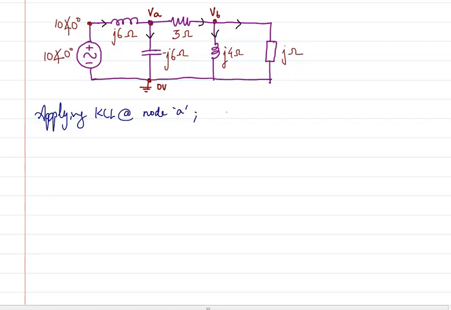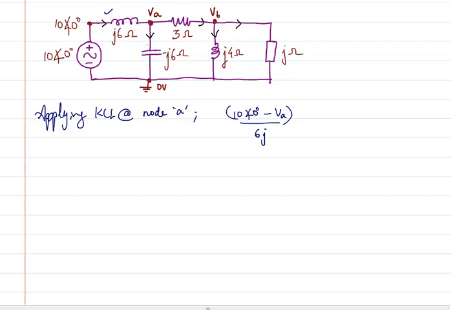The first current is incoming current, so I will write higher potential, which is 10 angle 0. Why higher potential? Because the current starts from higher potential and goes towards the lower potential. So higher potential minus lower potential, VA, divided by 6J. I'll put the bracket.